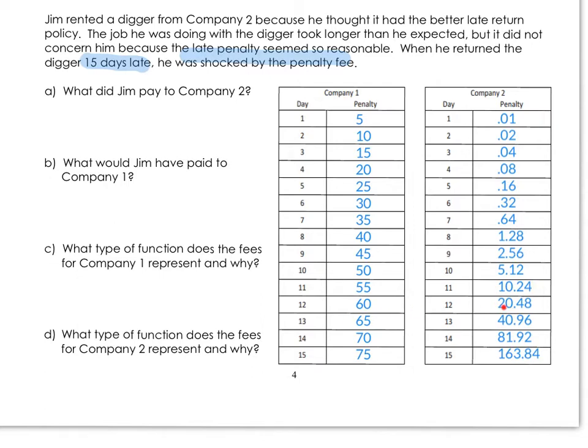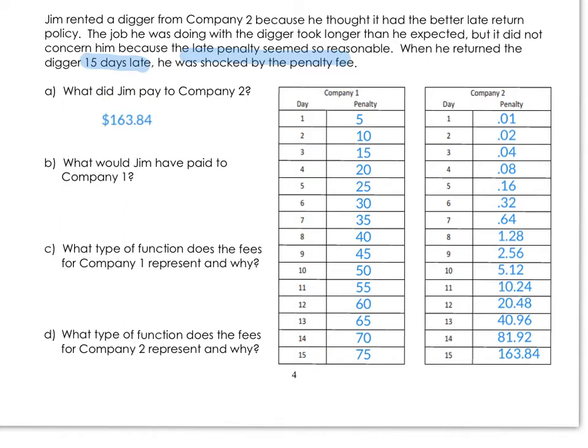These all are better than the linear when we look over here. $40.96, $81.92. At this point now, we can see that this is actually becoming more expensive. And then doubling that, instead of just adding 5 like we did on the linear function here, that became $163.84. So when it asked, since it was 15 days late, what did Jim pay to Company 2? Well, for 15 days, the fee would be $163.84.